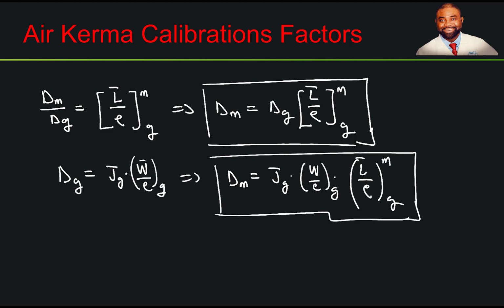Now, clearly, in order to determine the dose in medium, we need to know the exposure in that medium. But the question is, how do we measure the exposure in that particular medium?